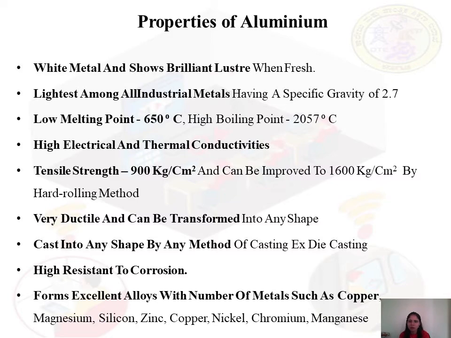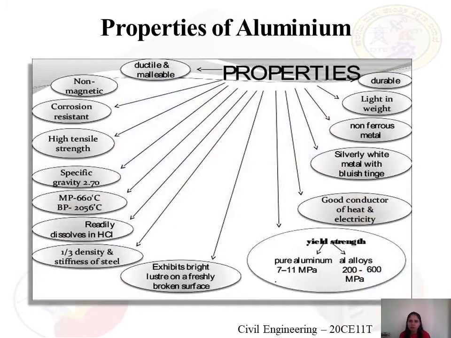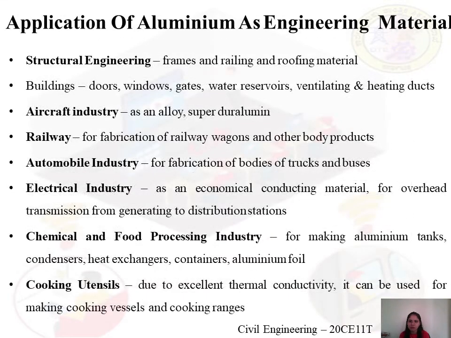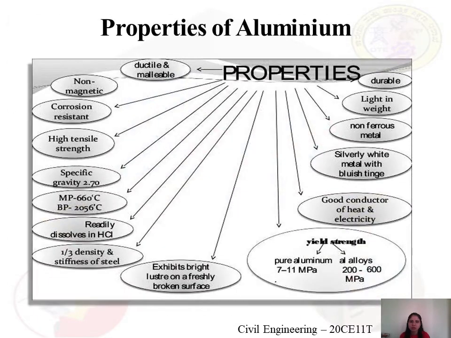Next we will move on to the uses of aluminium. Before I go to the uses, you just watch this slide. The properties of aluminium: durability, light in weight, a non-ferrous metal, the color of aluminium, a good conductor of heat and electricity, and it exhibits bright luster on a freshly broken surface.